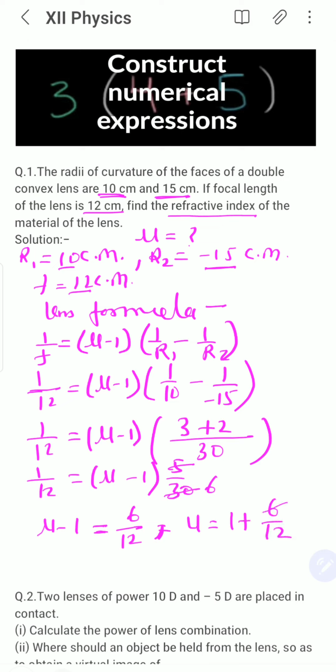After doing all these calculations, we will get the refractive index mu as 1.5. So that is our answer for the first numerical.